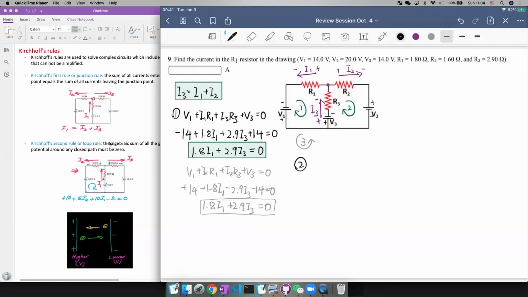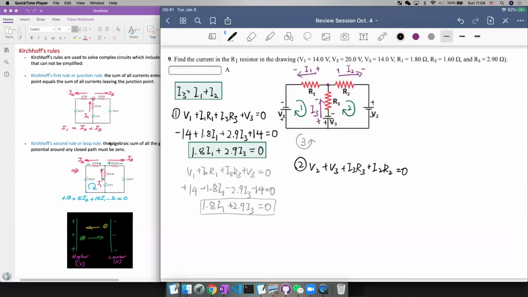Now we look at circle 2. It seems they're all losses. V2, higher to lower, it's a loss. Let me write them down in case I leave anyone behind.